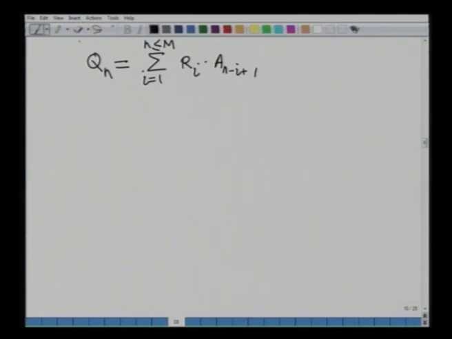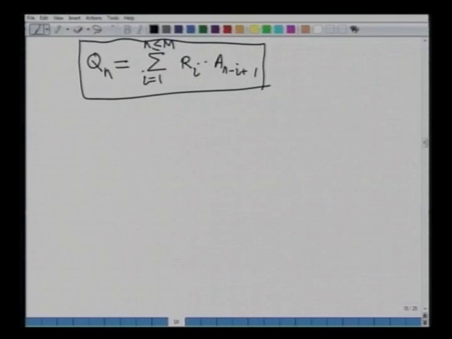So, this is a very important equation which can convolute your input into output, or it can translate your input in time and give you the response at the outlet in the form of DRH.